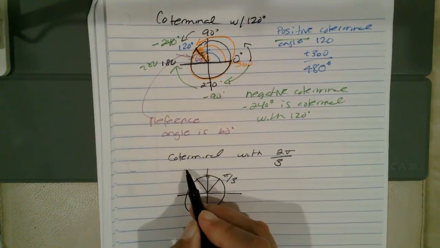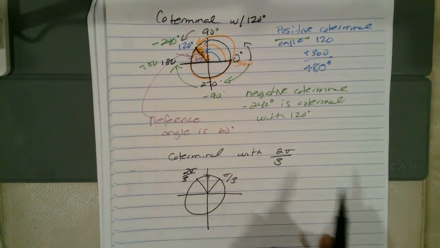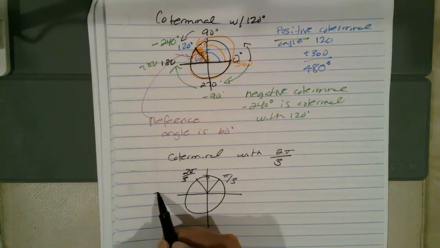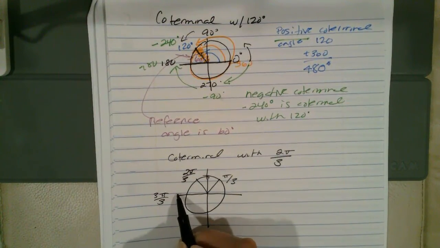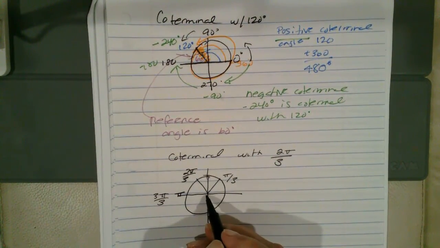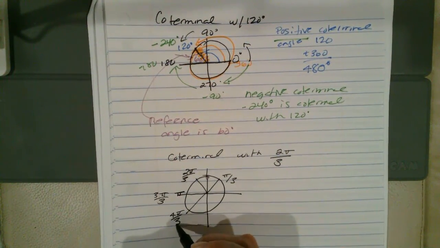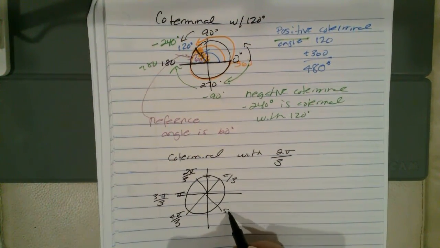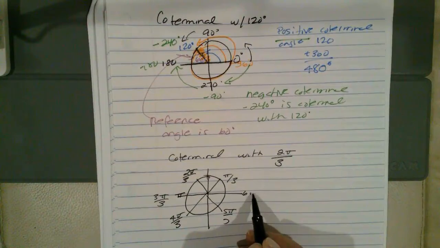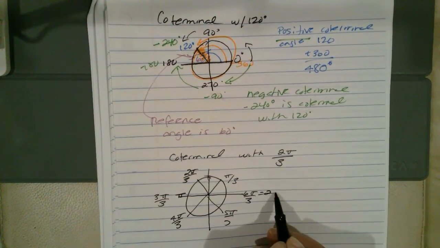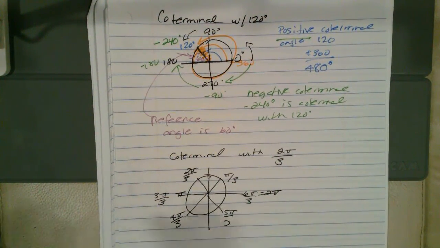That makes this one be 2 pi over 3, and I'm in the right position, but I'm going to continue and label them. This is 3 pi over 3, which reduces just to be pi. This one would be 4 pi over 3. This one would be 5 pi over 3, and this one is 6 pi over 3, which is the same thing as 2 pi. So we divided it into pi over 3 sections.